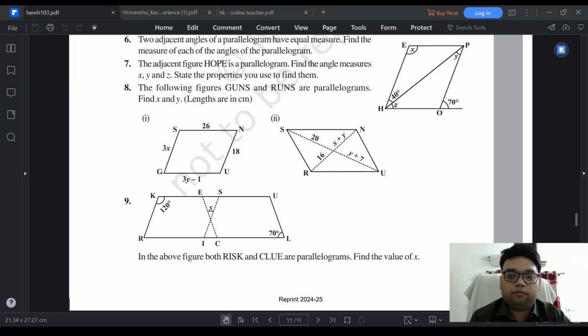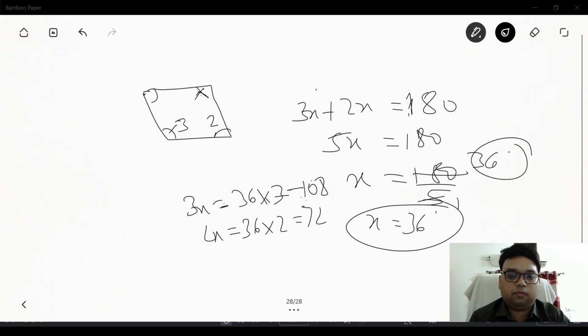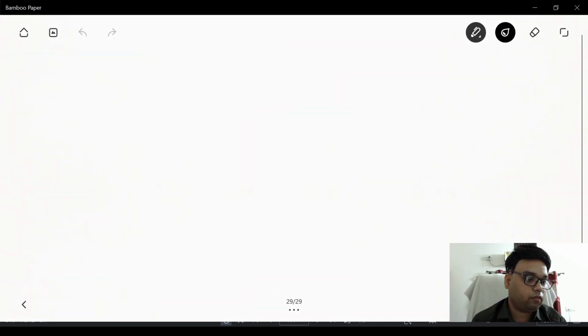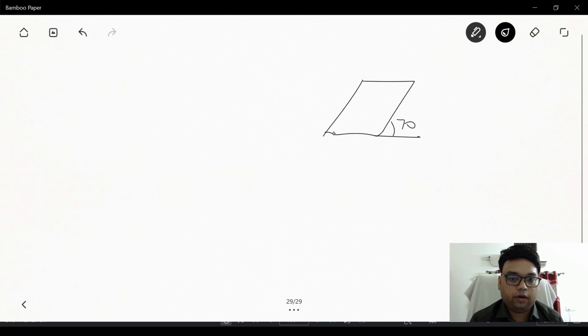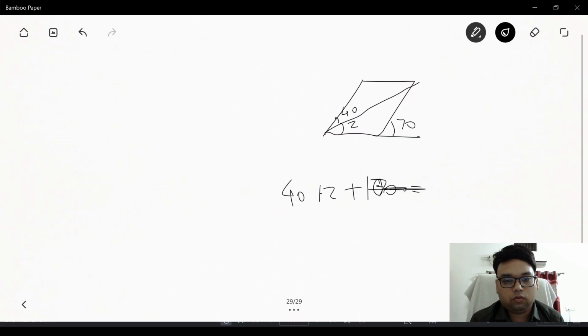Here I am using the blank paper to explain again. The given figure of question number 7 looks like this. If this one is equal to 70 degree and this one is 40 degree, and here angle z, so 40 plus z plus 70, the sum of adjacent angles will be equal to 180 degree.